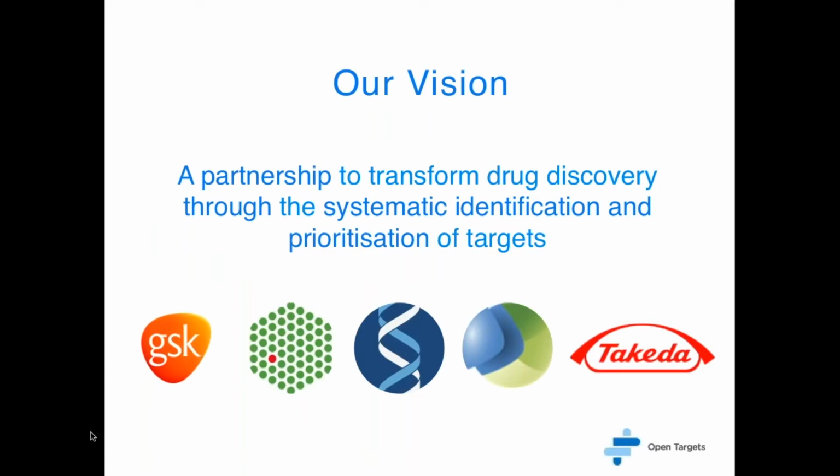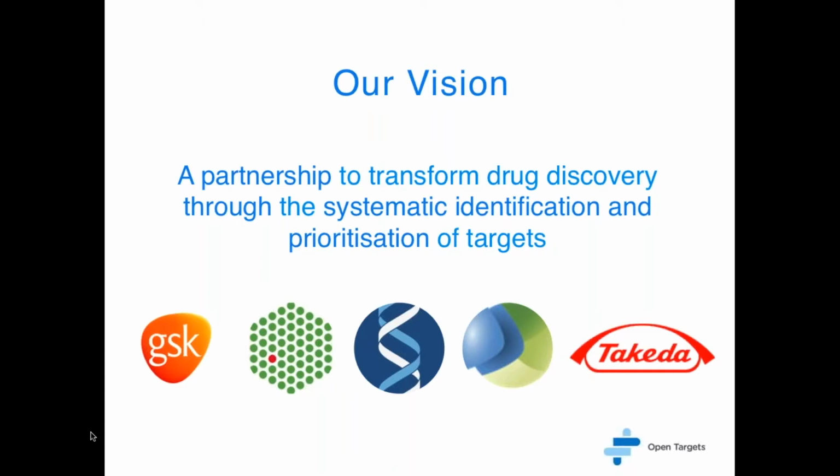So, Open Targets is a public-private partnership that wants to transform the way that drug discovery is performed, and we want to do so through the systematic identification and selection of targets. So at the moment, we've got 5 partners.